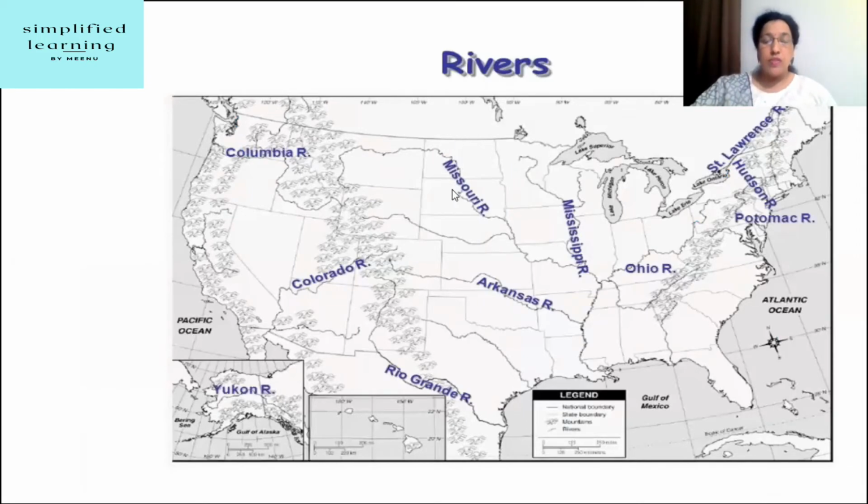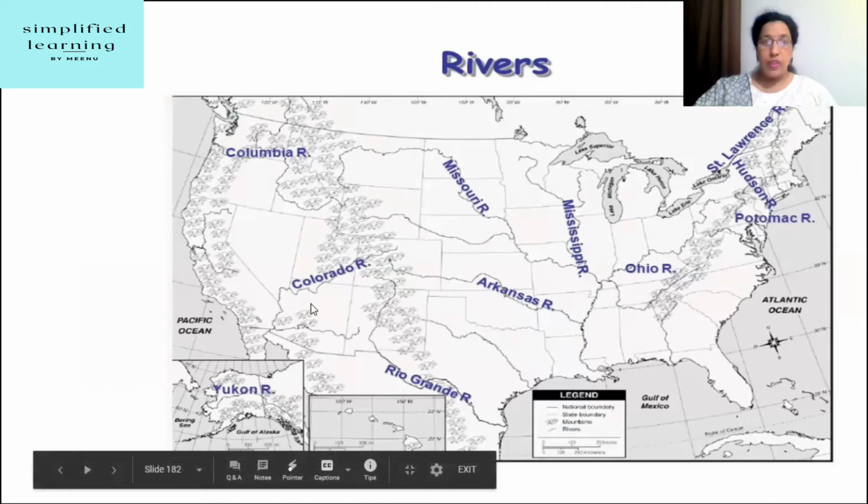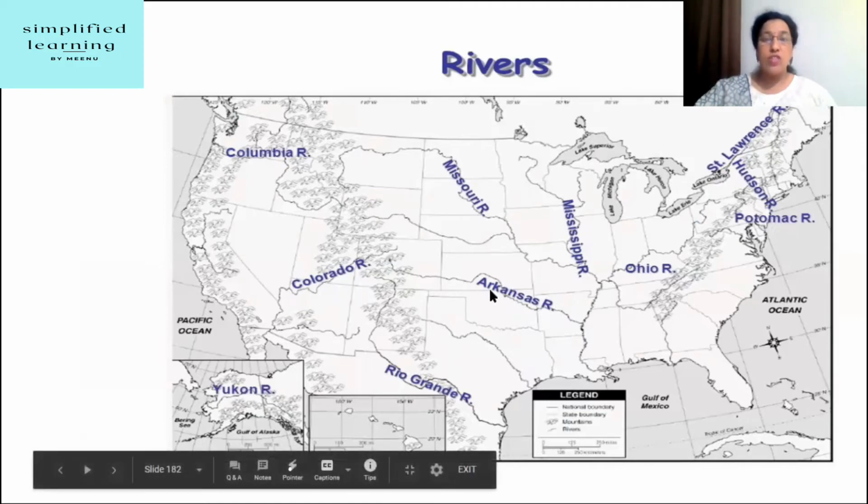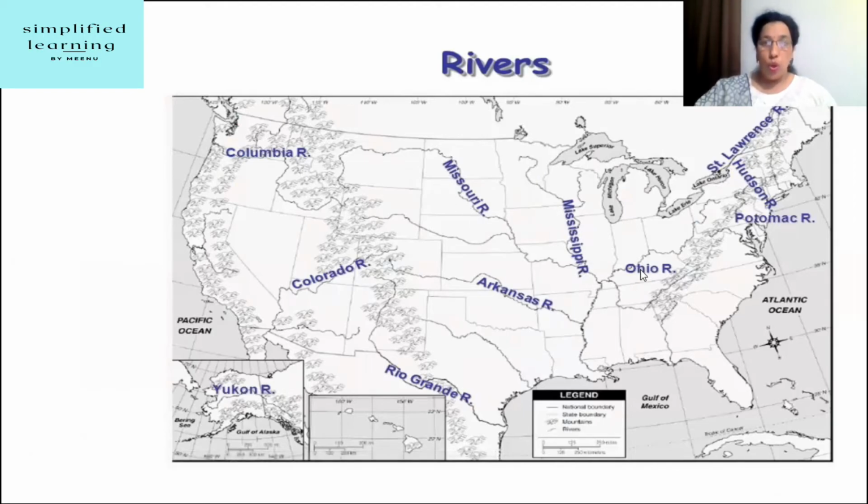You can easily identify most of these rivers: Yukon River, Colorado River, Columbia River, Rio Grande, Arkansas, Missouri, Mississippi, Ohio, St. Lawrence, Hudson, and Potomac. This is how the rivers are located in different parts of North America.